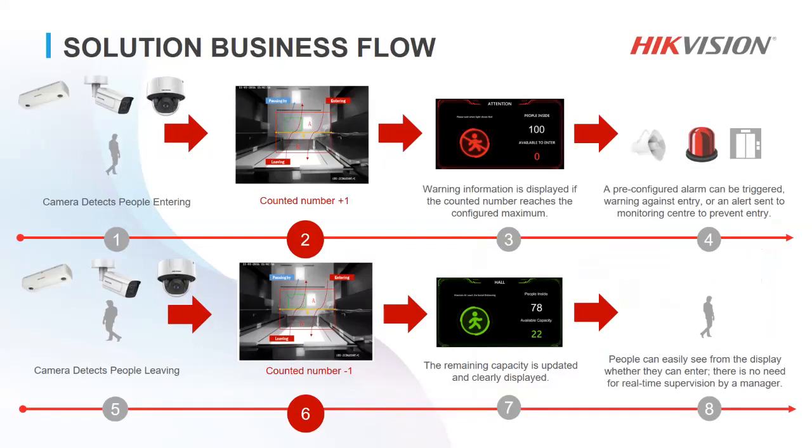Once we've reached capacity, we're able to trigger that there is no more capacity to enter, or if it goes over capacity, we can generate alarms as required. The system works in reverse. When people are leaving, they're counted out by the camera. It updates the graphical display, which in turn indicates that there is additional capacity for people to enter.